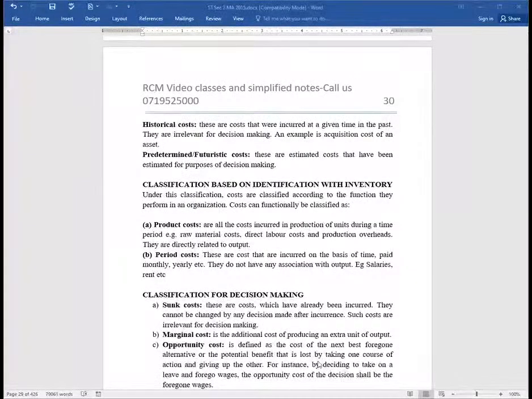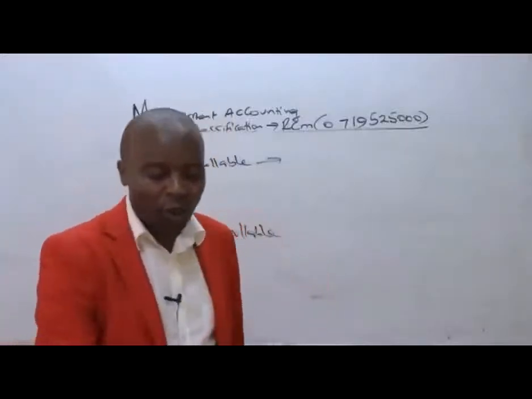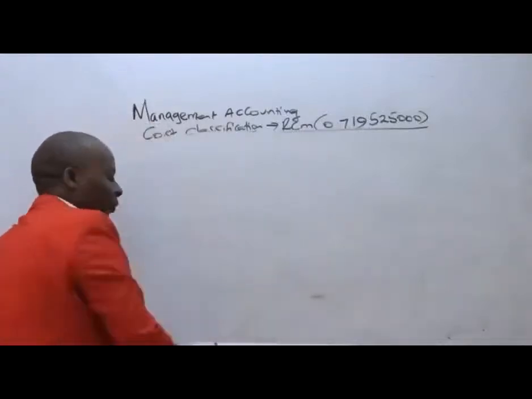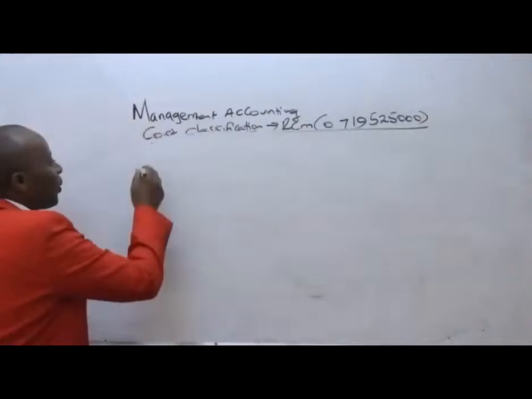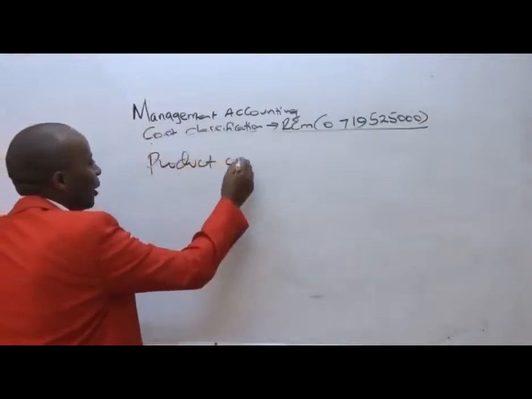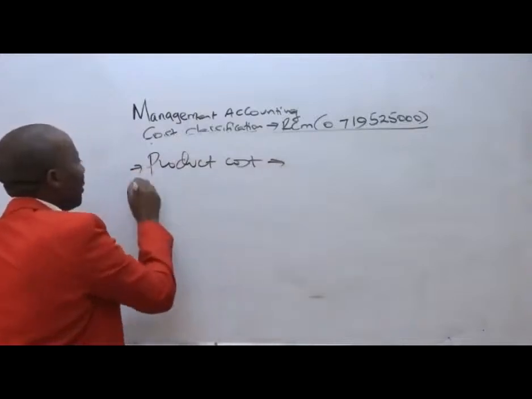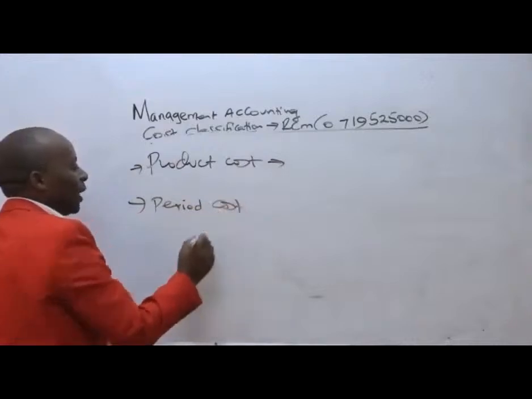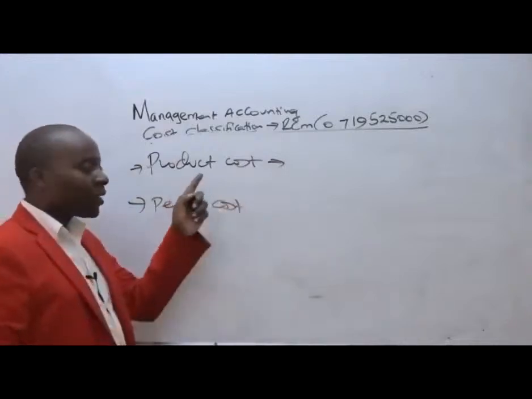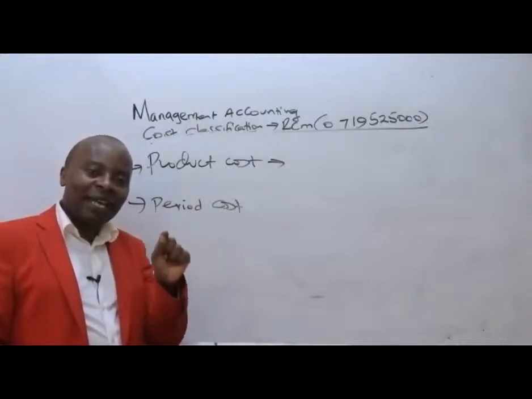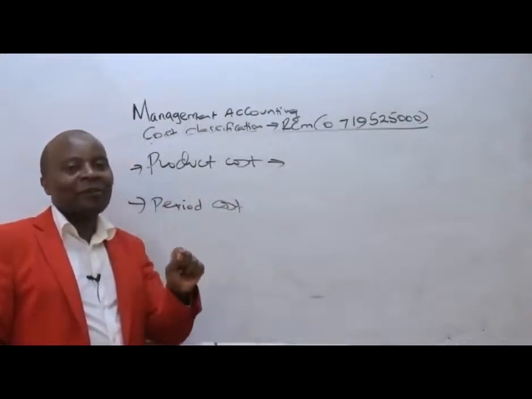So under classification with the inventory, we have what we call product costs, and then number two, we have what we call the period or periodic costs.